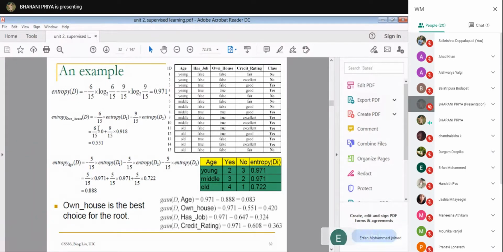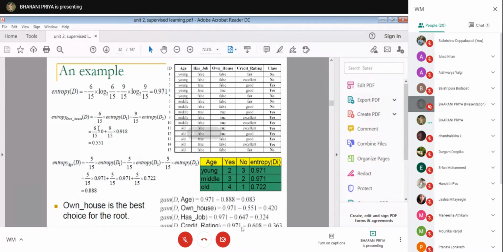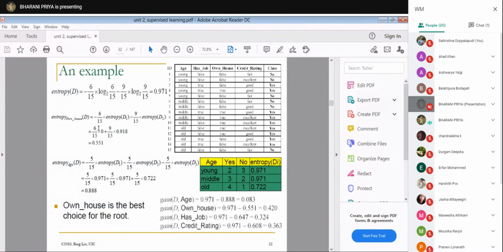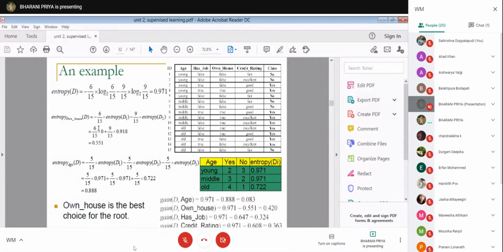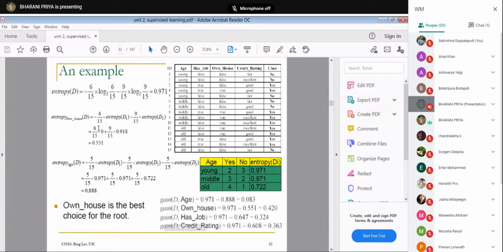I'll pause for a second. Try to understand entropy for D, and if you don't understand, ask me, I'll repeat. Is that clear? Shall I proceed? Only try to understand entropy of D. Okay? Now you have calculated entropy of D, that means for the entire data.